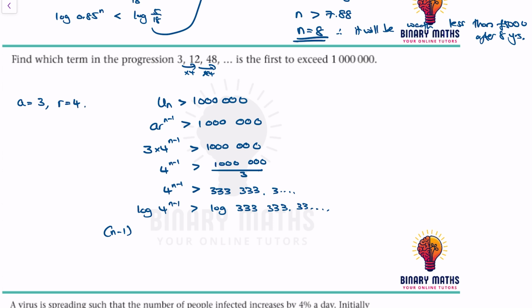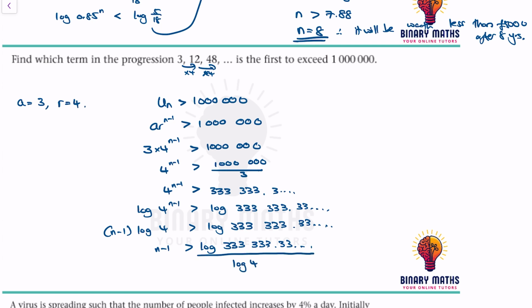That means n minus 1 log of 4 is greater than log of 333,333.3 recurring, which means n minus 1 must be greater than log of 333,333.3 over log of 4, which means n minus 1 is greater than 9.1733, which means n is greater than, if you add 1 to it, 10.1733, which means n must be equal to 11.